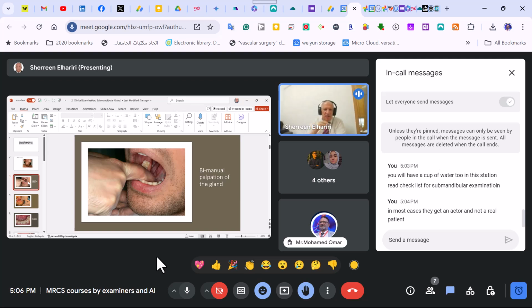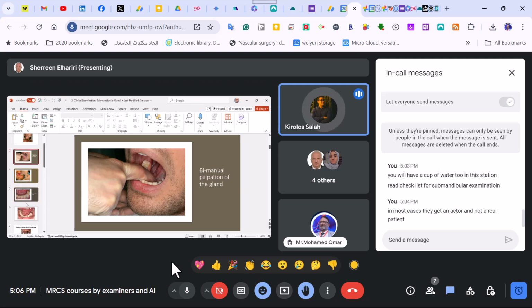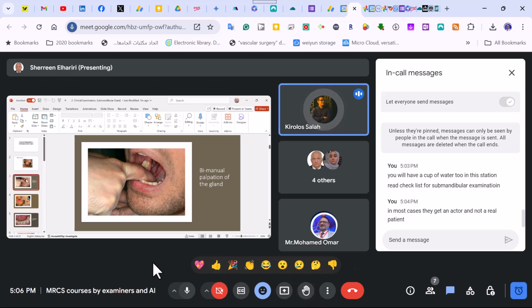So what do you palpate? If you put your hand, which hand do you palpate the gland with? Which hand can you use to see if it is a lymph node? What is the value of this test? The value of this test is to differentiate between the submandibular gland and a lymph node.